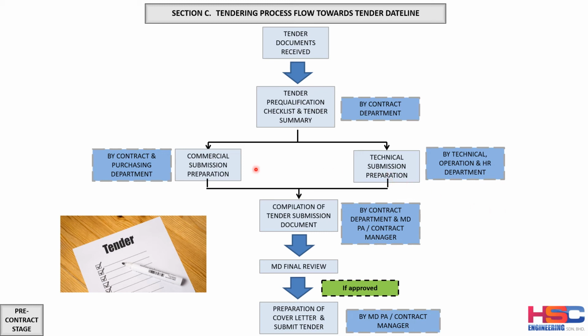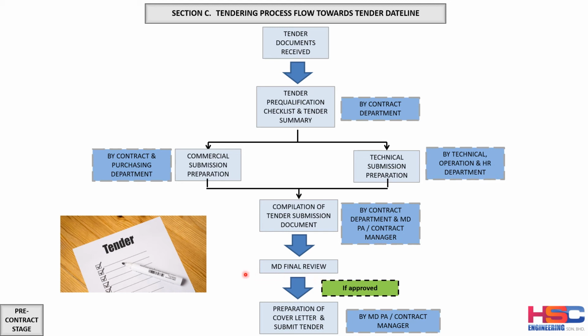Therefore, once both of these parts have been completed, the contract department, and the managing director's personal assistant, or the contract manager will compile the tender submission document. Once they have compiled, they will submit to the managing director for final review.